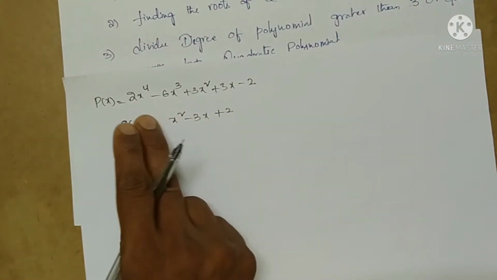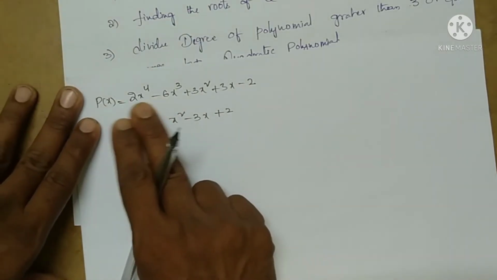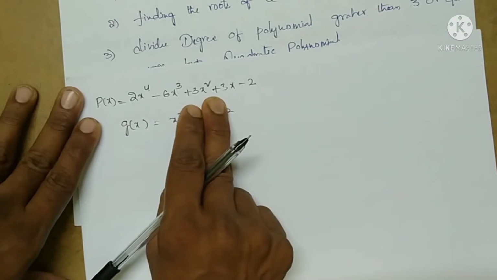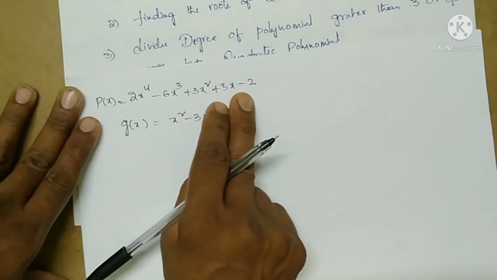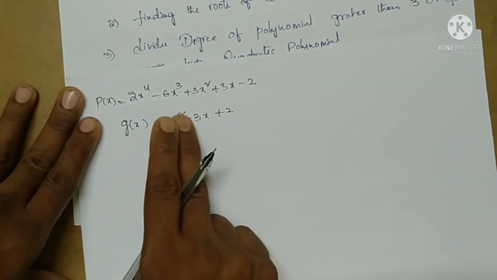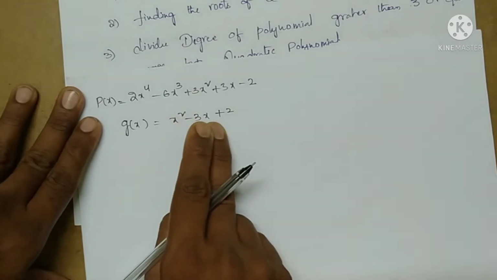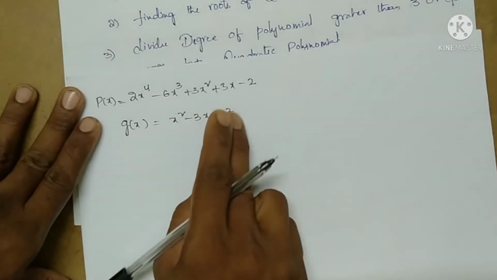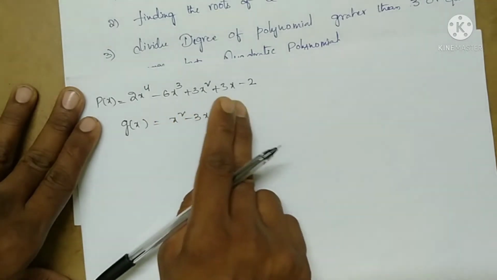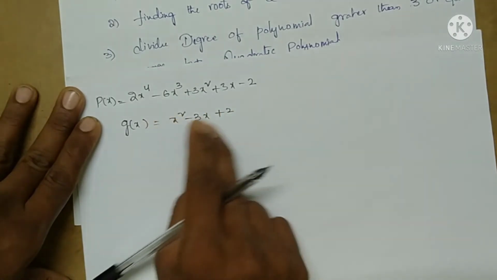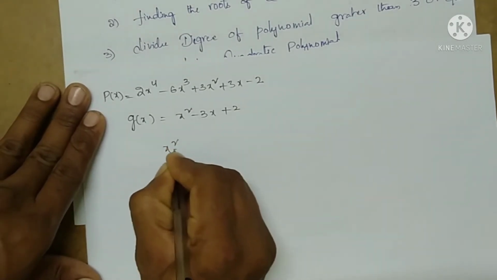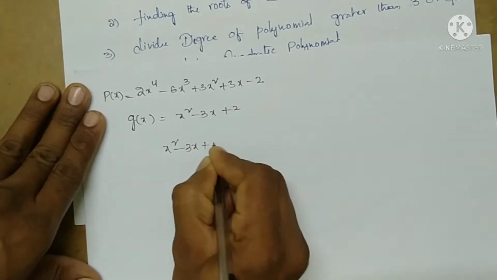So we divide the polynomial p of x of degree 4 by the quadratic polynomial x square minus 3x plus 2. First we have to factorize this quadratic polynomial.